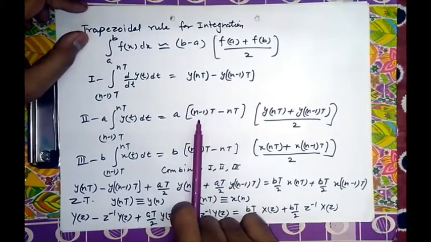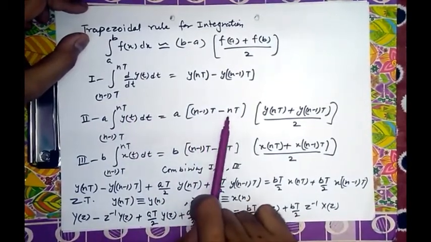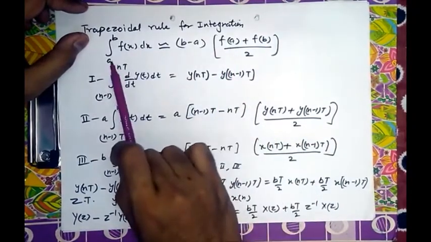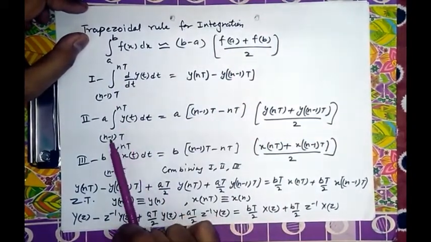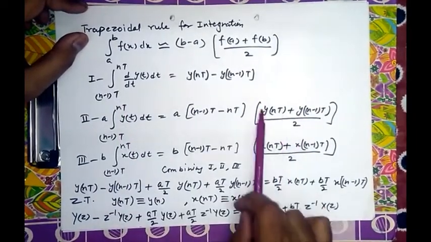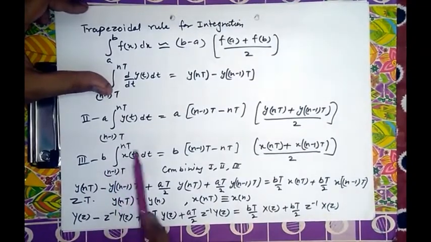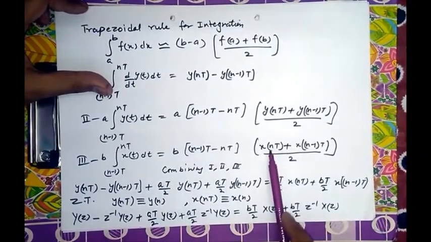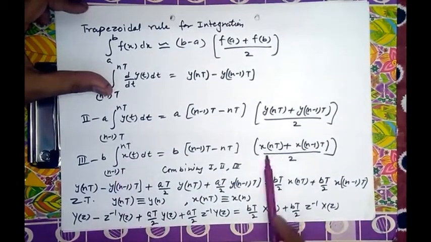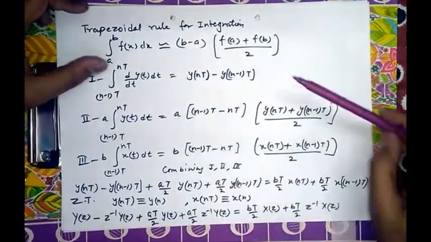Now use the difference between the limits, nT minus (n-1)T, and putting the values f(a) plus f(b), first f(a) then f(b), that is y((n-1)T) plus y(nT), both added and divided by 2. In the third term also b is constant, with the difference between the limits, and first x(nT) is put, then x((n-1)T), by 2. So the second and third are solved by the trapezoidal rule of integration.